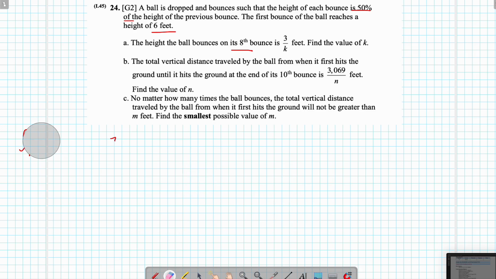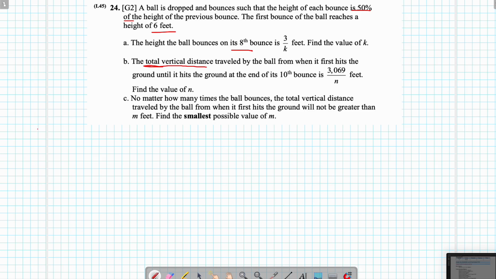Now for part B, the total vertical distance traveled by the ball from when it first hits the ground until it hits the ground at the end of its 10th bounce is 3069 over n feet. Find the value of n. Notice how they said total vertical distance, right?